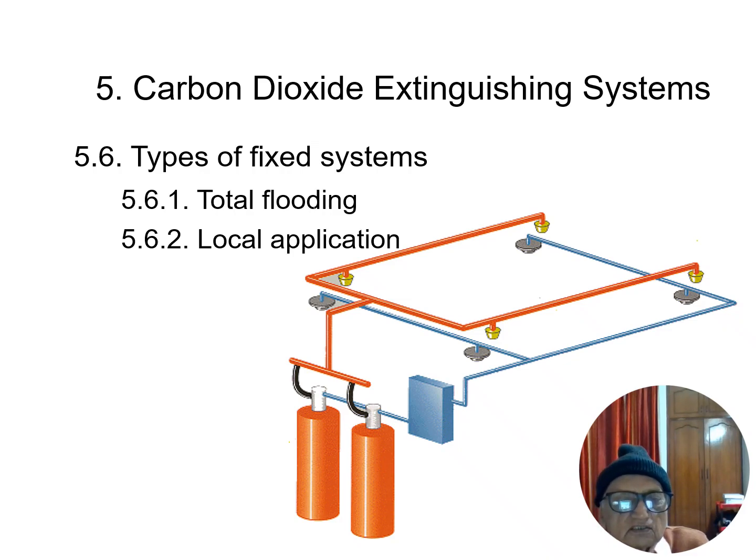Friends, this particular slide shows us a fixed type carbon dioxide extinguishing system. This may be of two different types, total flooding and local application. In both cases, you will see the fire cylinders filled with CO2, and this is the control panel, and this control panel detects fire through the fire alarm system.